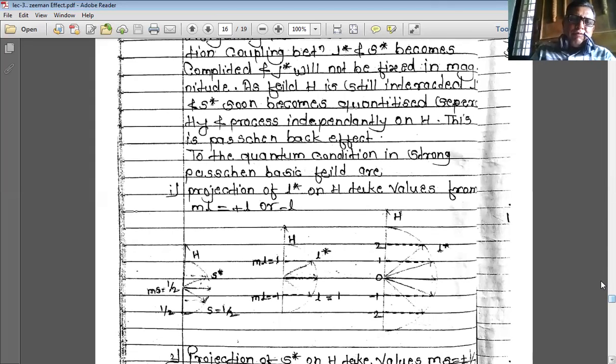MS is plus half or minus half. S is half.